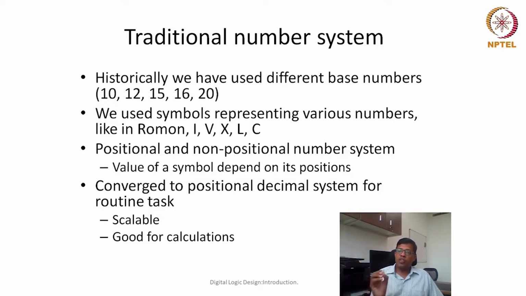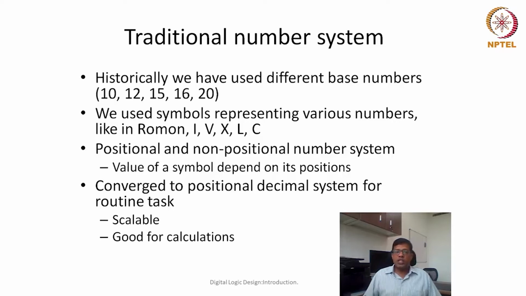Now where that particular symbol is in the number determines its value. If it is at the units place, the value is the same as the symbol. If it is at the tens place, the value is multiplied by 10. If it is at the hundreds place, the value is multiplied by 100.